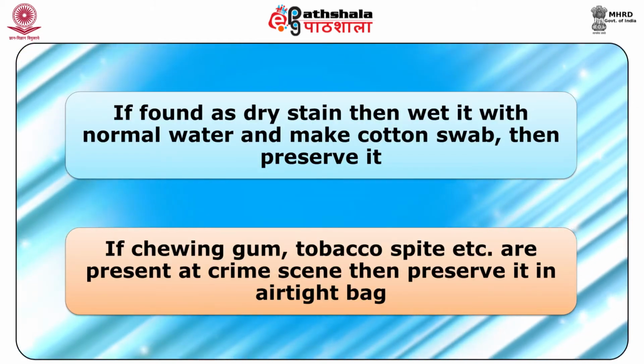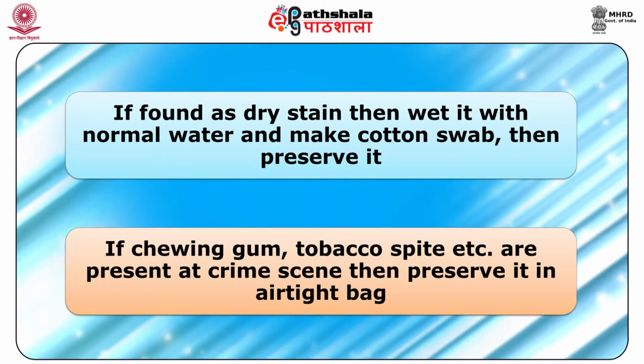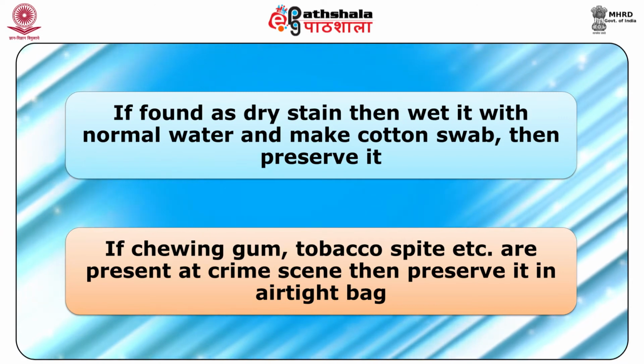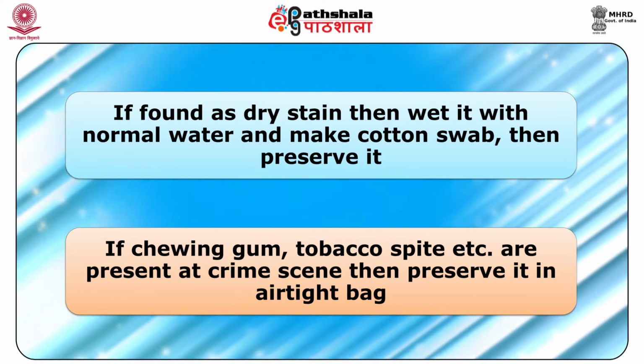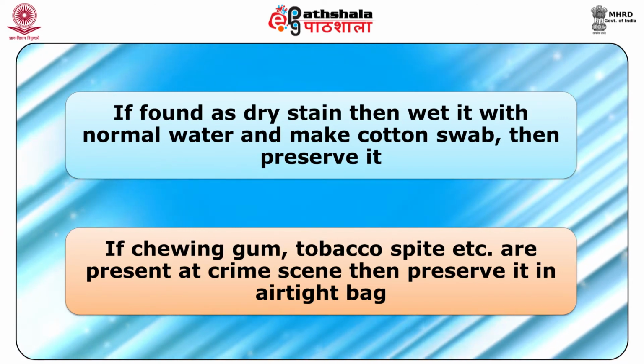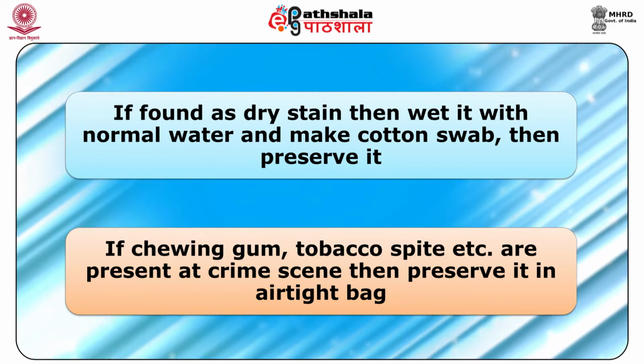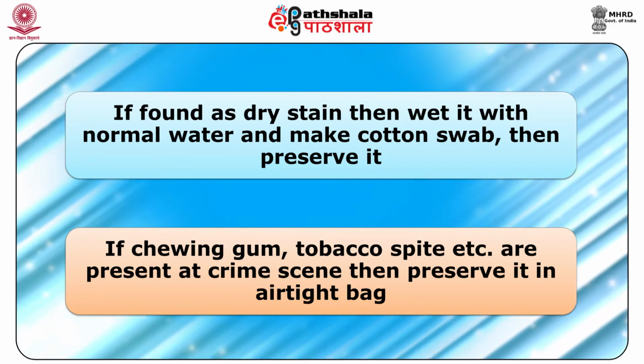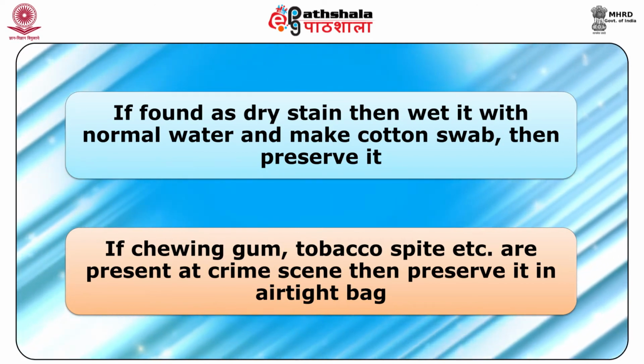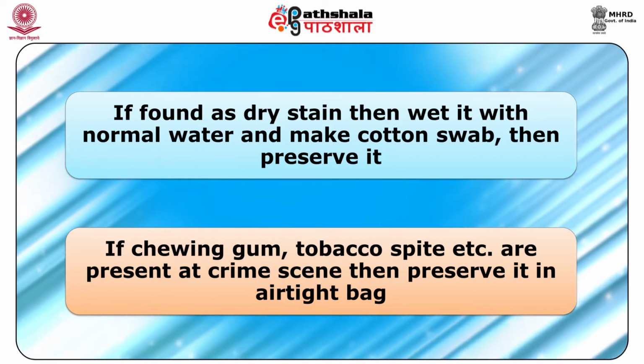If saliva is present as a dry stain, then wet it with the help of normal water, make a cotton swab of it and then preserve it in a tube or bag. If chewing gum, tobacco, spit, etc. are present at the crime scene, then they are preserved in an airtight bag as such.